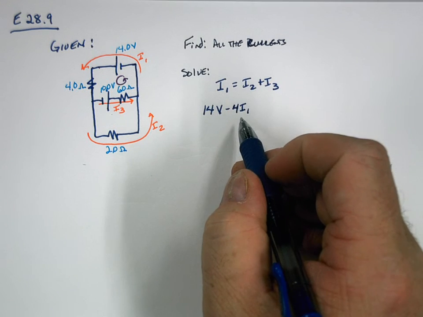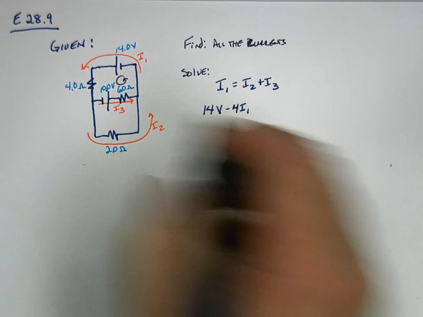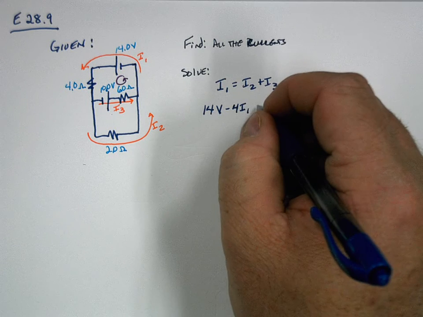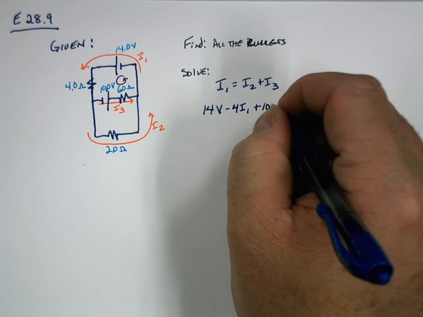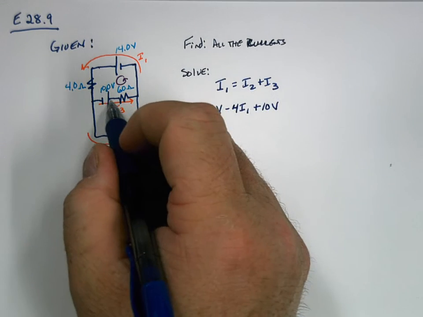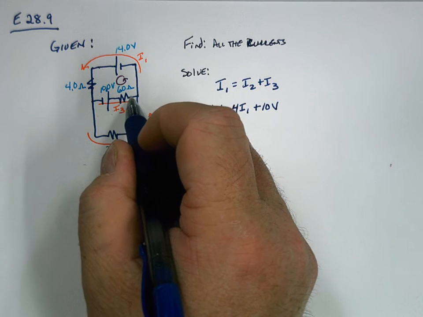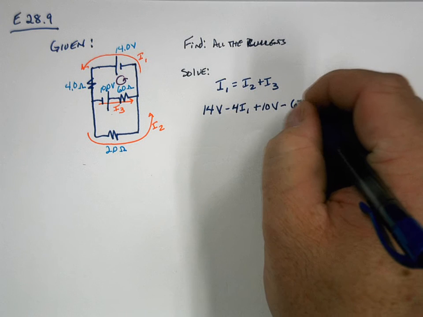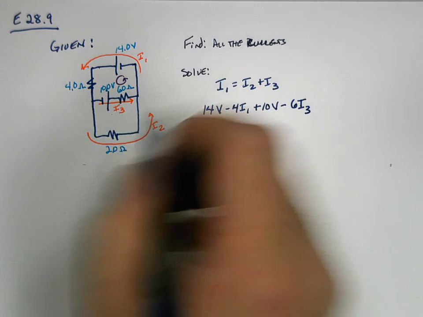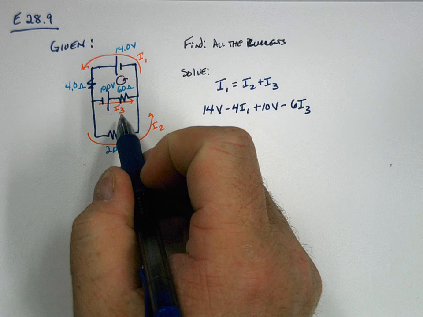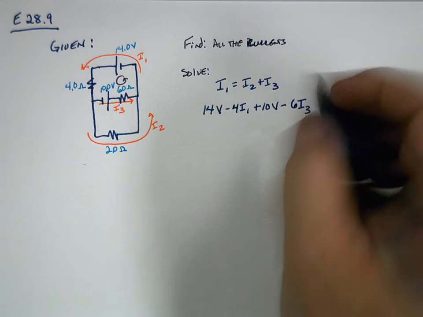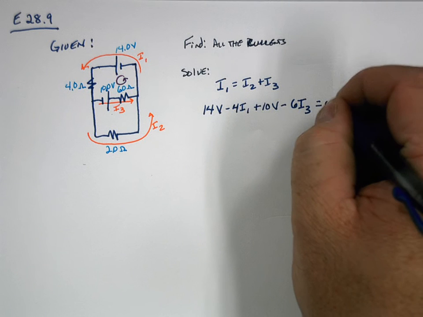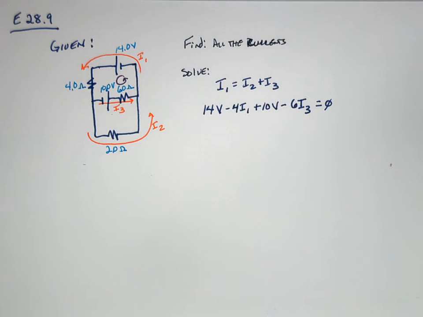We're going to lose that much potential. Come through here. We're actually going to gain another 10 volts. And then we will lose 6I3, because the current going through here is I3. And we come back around to here, and that whole thing then equals 0.